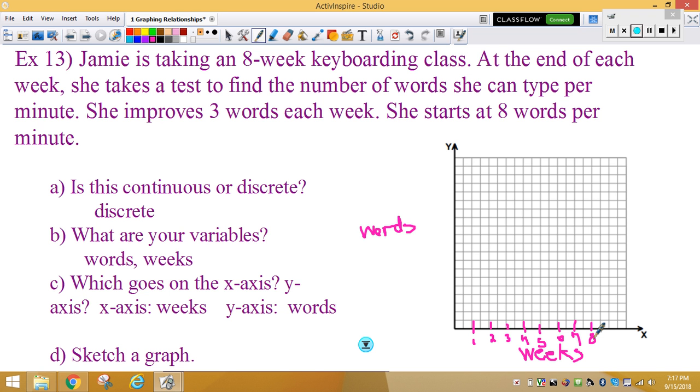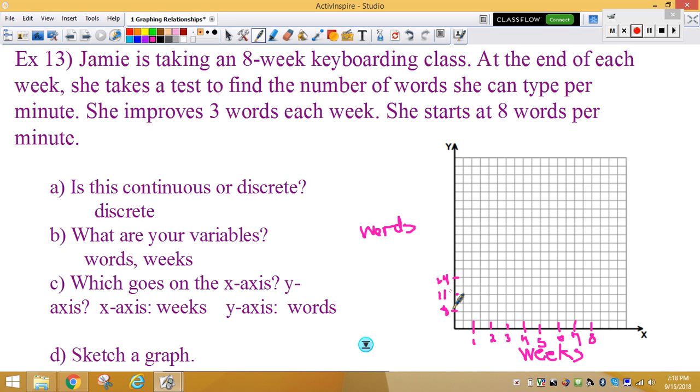So here's an important part that people do every year. And this is not going to work, and I'm going to ask you why in a minute. If I started with 8 and then went up by 3 to 11, and then went up by 3 to 14, that graph is not okay. Look at it and see if you can think why that graph would not be okay.